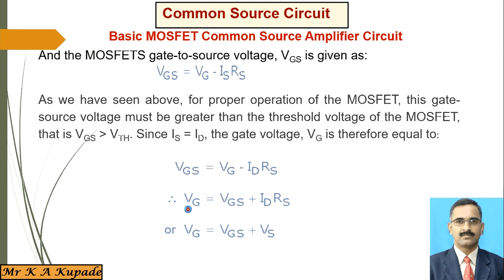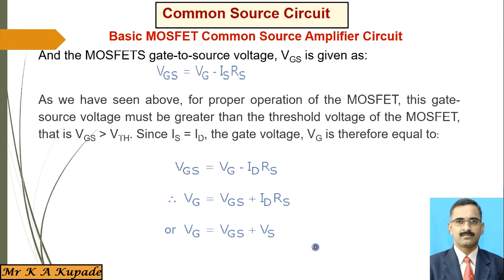That is, VG is equal to VGS plus ID RS, because ID RS gives the drop across the source terminal, that is VS. So VG is equal to VGS plus VS.